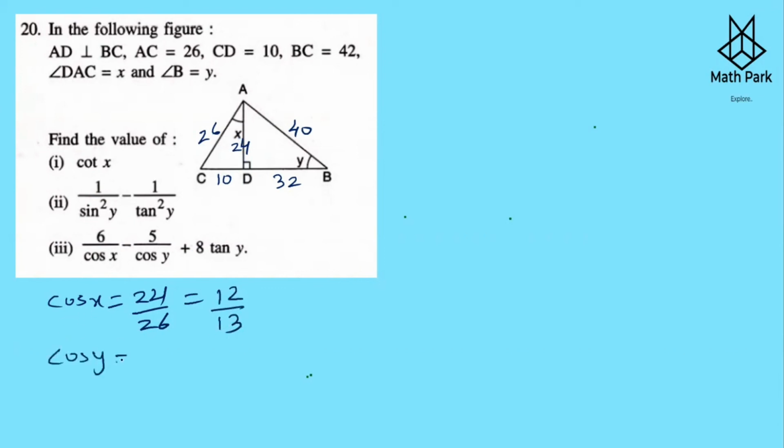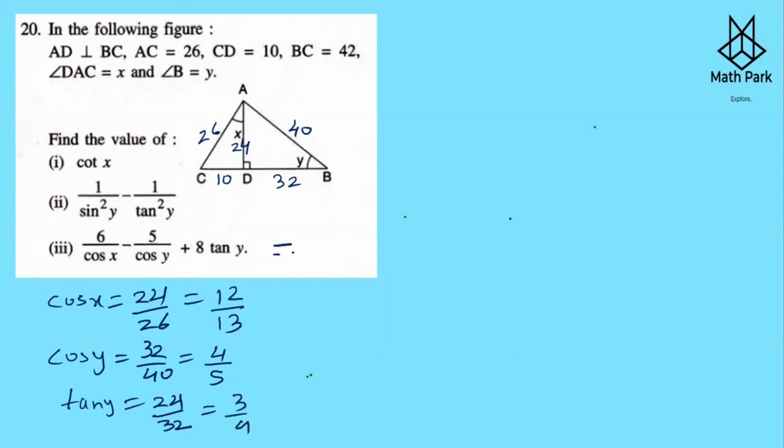So cos y is adjacent upon hypotenuse, that is 32 upon 40, which is 8 fours are 32 and 8 fives are 40, so 4 upon 5. Then we have to find tan y. So tan y is opposite by adjacent, that is 24 upon 32. So 24 upon 32 is 8 threes are 24, 8 fours are 32, 3 by 4.